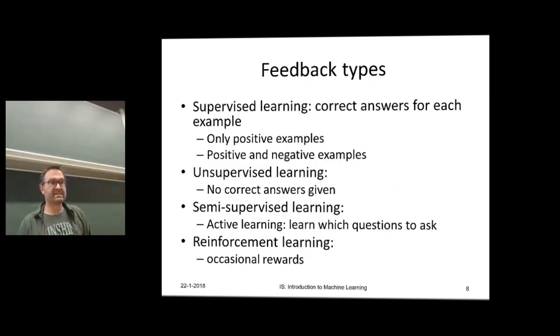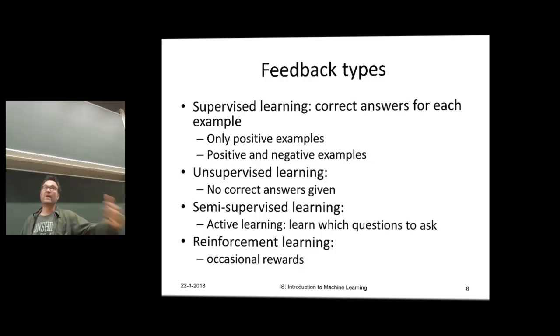So in this case, there is a sort of feedback that's given to the machine. You have a training example, and you give it a label which says, okay, this is a man, this is a woman, and it's about learning this label. If we have this feedback, we talk about supervised learning.